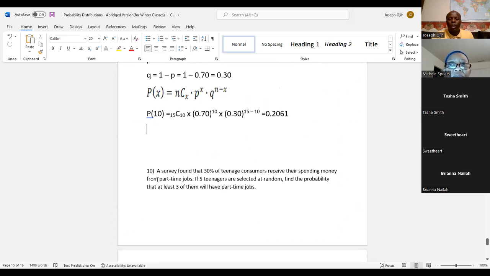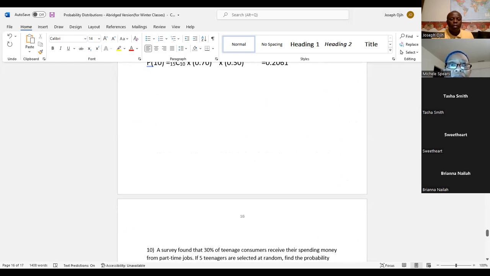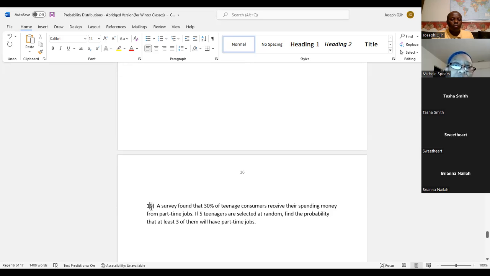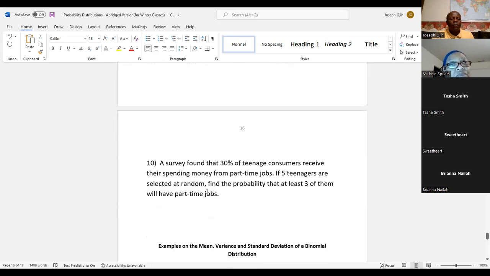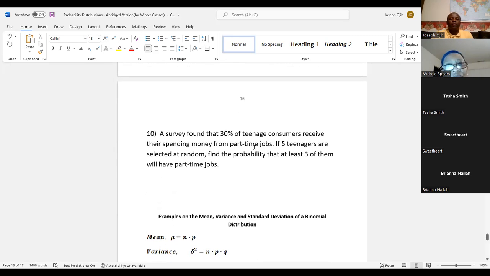This example will require you to calculate. I'm going to move it down. It says here that a survey found that 30% of teenage consumers receive their spending money from part-time jobs. If 5 teenagers are selected at random, find the probability that at least 3 of them will have part-time jobs.